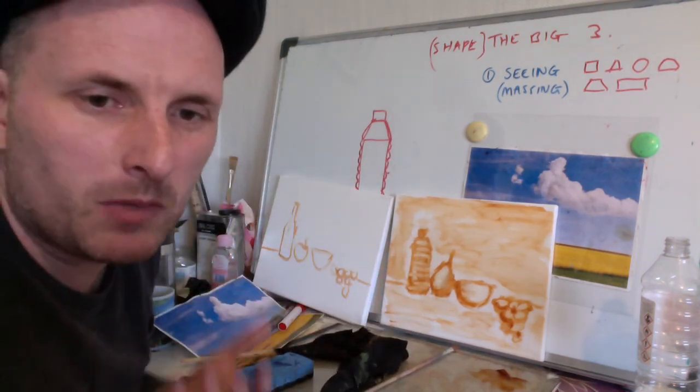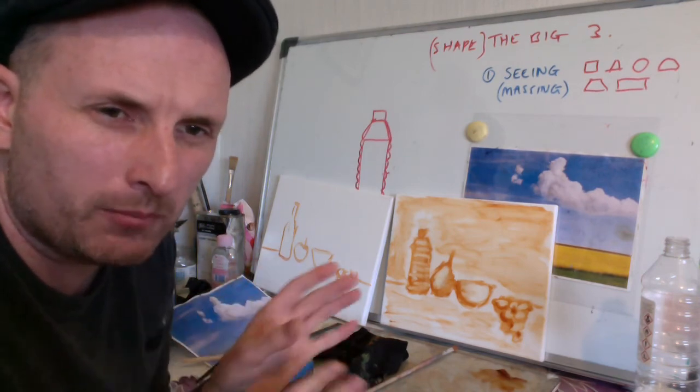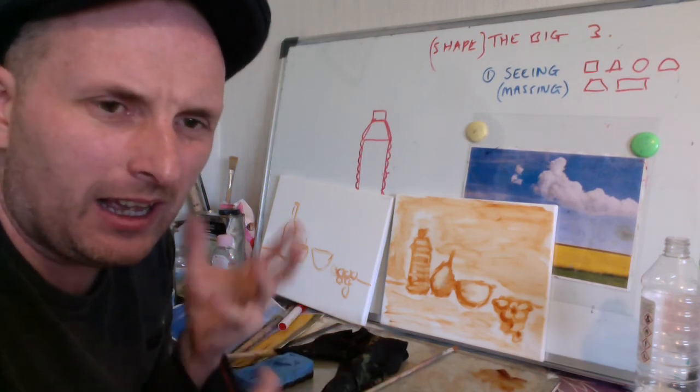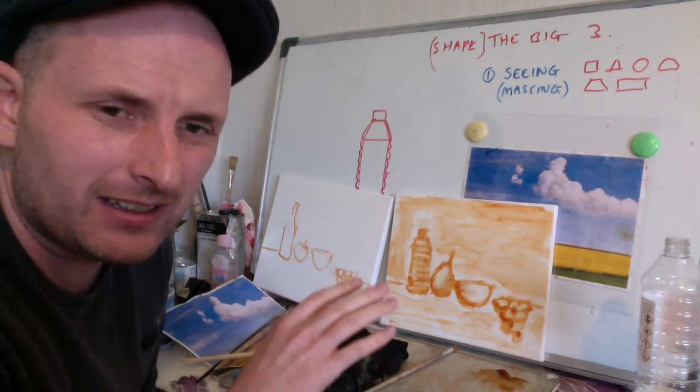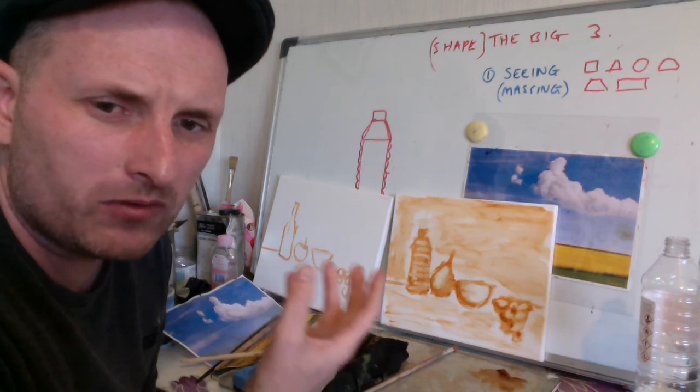You basically get my meaning, that you can just play about with it very thinly, and the key thing all the time is just being able to see these things as shapes first.